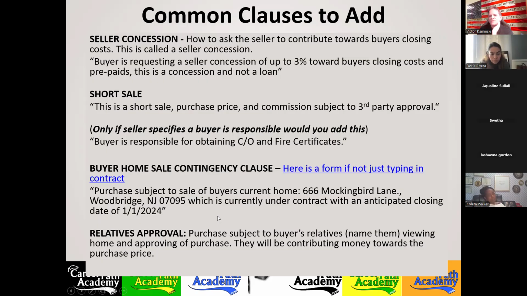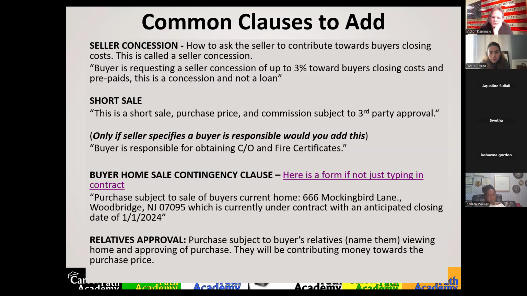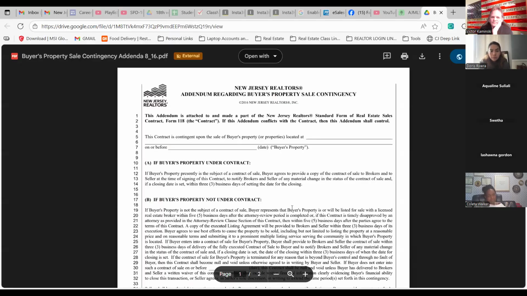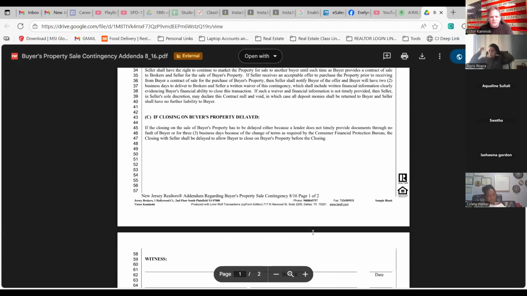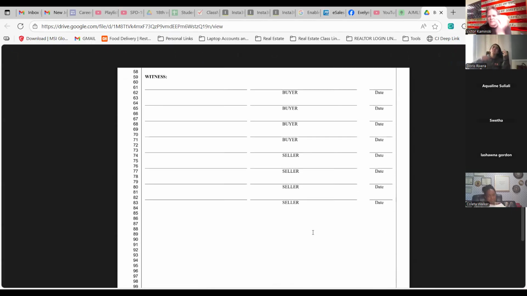Now there's a form you could use as well. There's actually a form here that you could use. I got a copy of it in a shared Google Drive. It's actually a buyer's home sale contingency clause. And it basically looks like this. Put a bunch of terms in there and dates and such. And then everybody signs it.